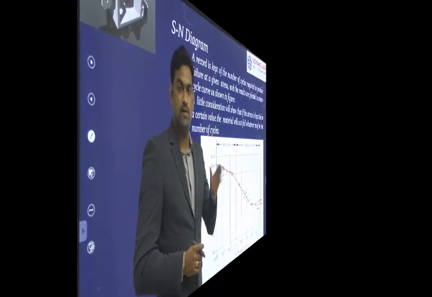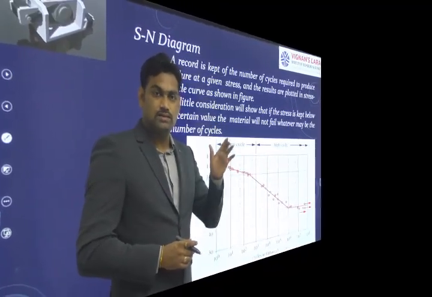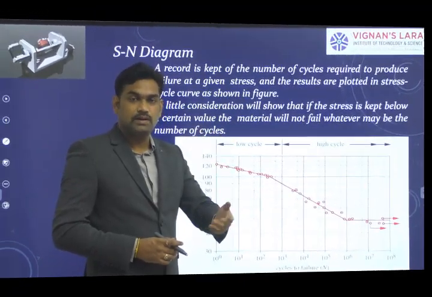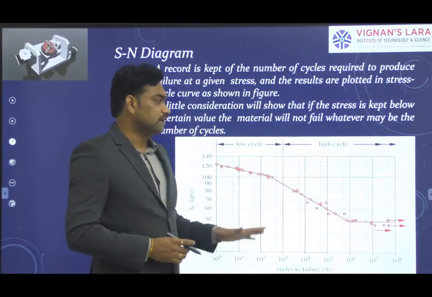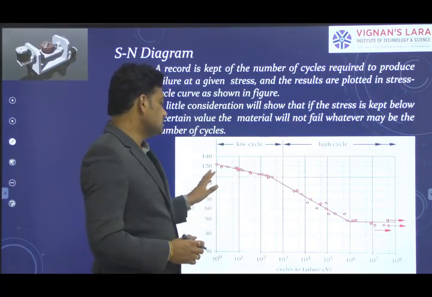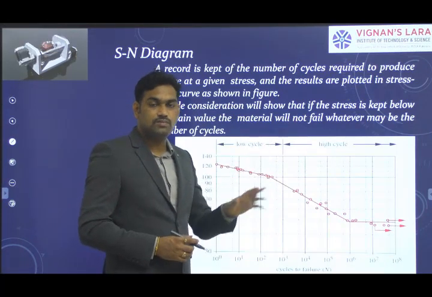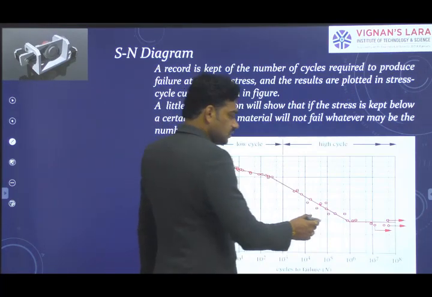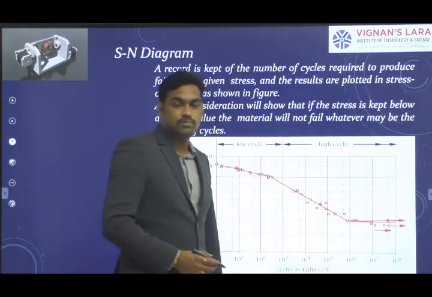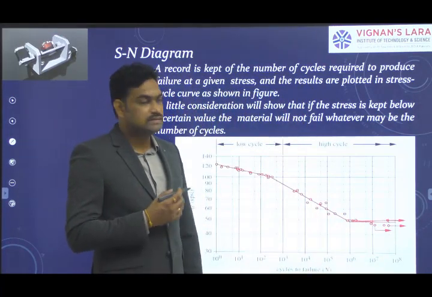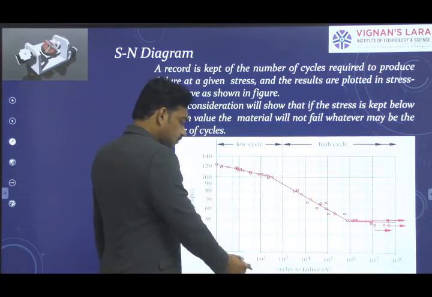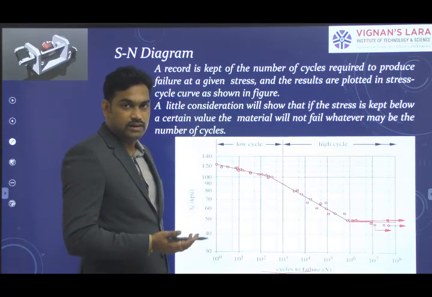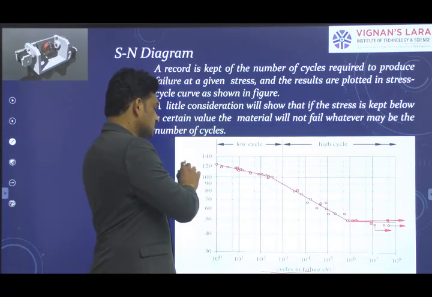For one material, we can undergo a series of specimen tests and get a set of values that can be plotted on a graph. All these dots represent each value, and using all the values you can draw an average line between them. After 10 power 6 number of cycles, the line becomes asymptotic, giving a straight line. On the x-axis is the number of cycles recorded in the revolution counter, and S is the stress amplitude.